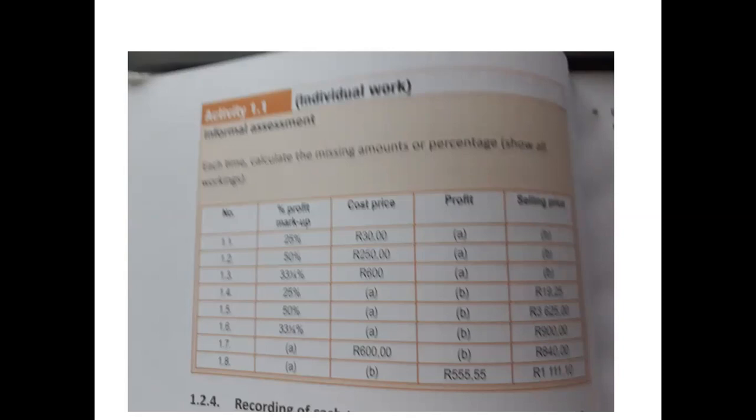The answer that you're going to get is 325, and that will be your selling price. At the same time, let's do the profit amount. You take the selling price, the 325, and minus the cost price of 250. So your profit amount is 75 Rand.